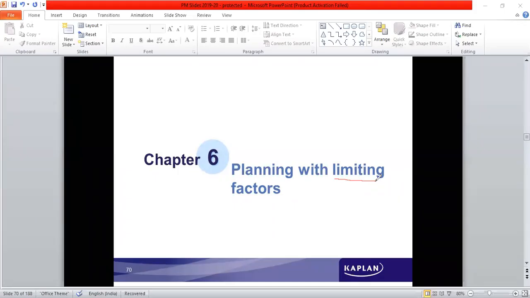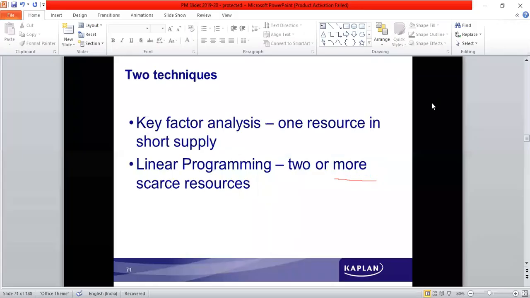If there is only one limiting factor, only one constraint, we go with key factor analysis. If that is not the case, then we take the help of linear programming.